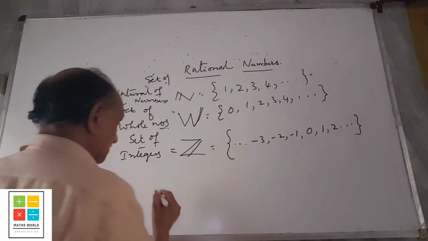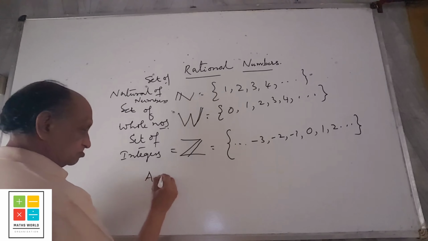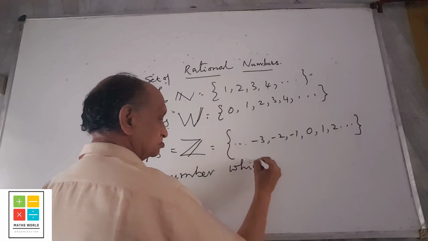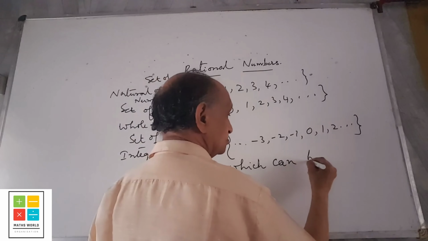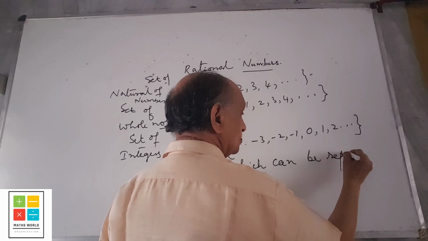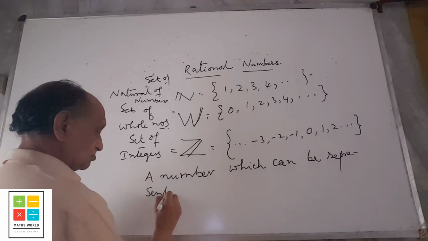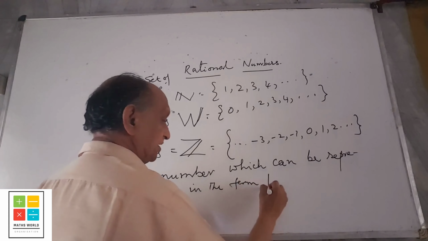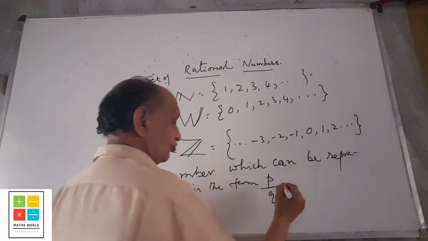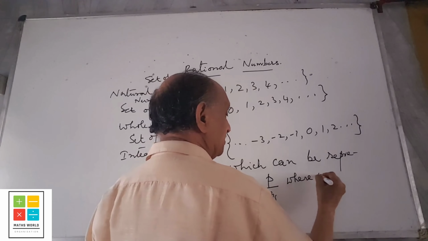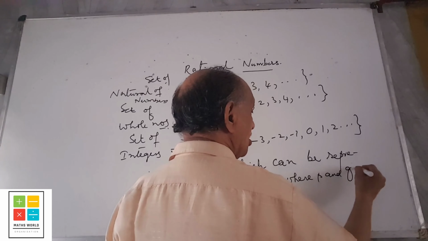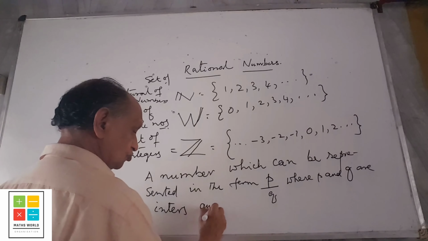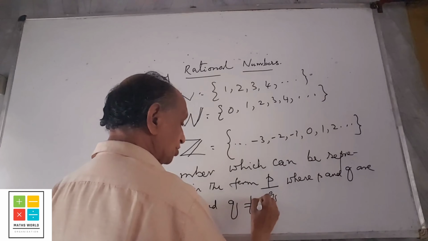Integers, you understand what it is. A number which can be represented in the form P by Q, where P and Q are integers and Q is not equal to 0.